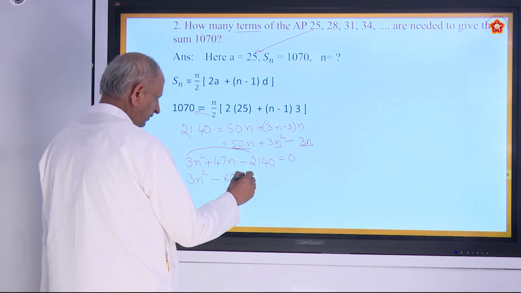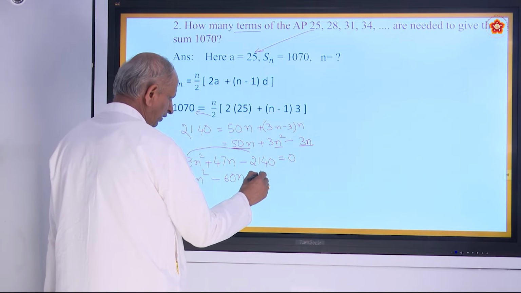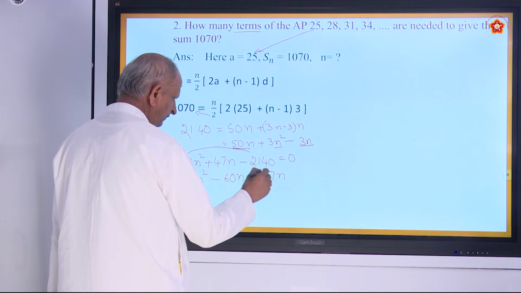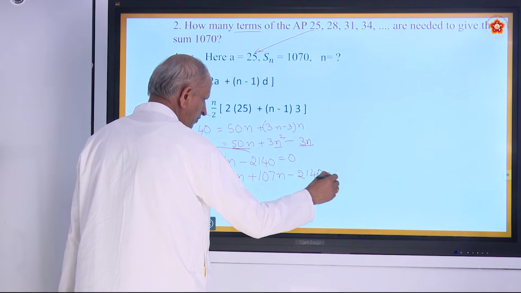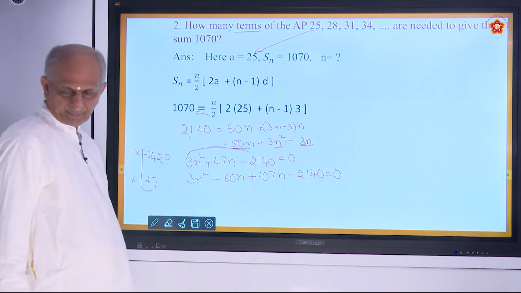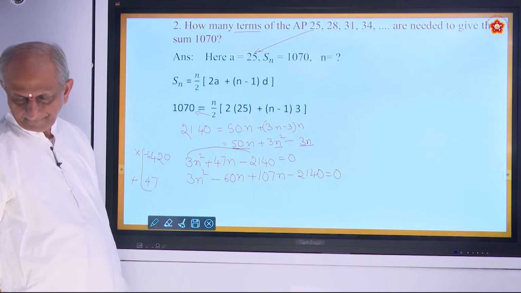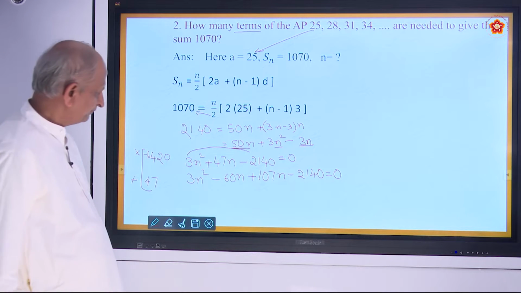minus 60n plus 107n minus 2140 is equal to 0. Minus 60 plus 107.